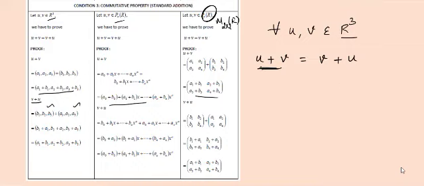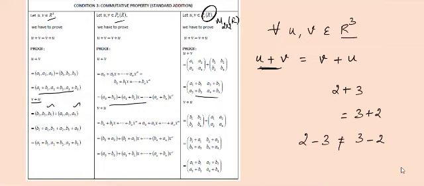See, if you are adding 2 plus 3 as well as 3 plus 2, it won't be different. Addition is commutative, whereas minus is not commutative. These were different, right? 2 minus 3 is different, 3 minus 2 is different. Okay.